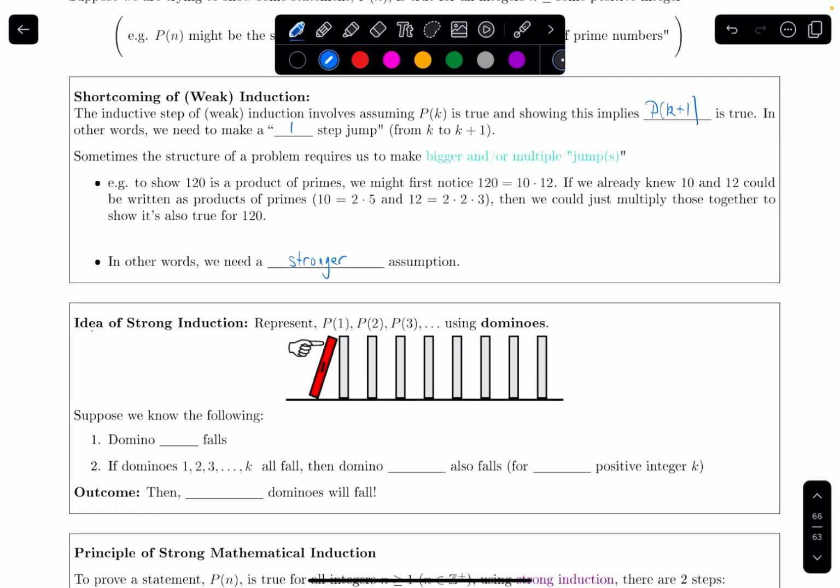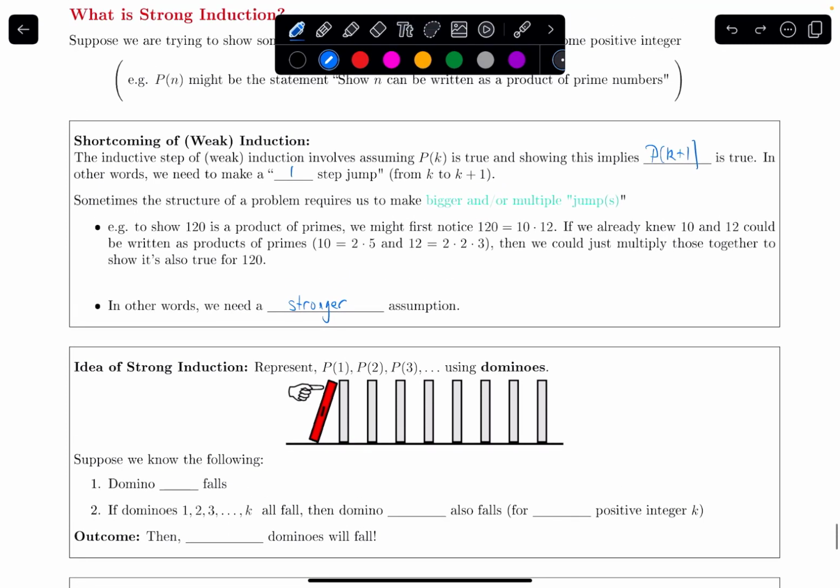So the idea of strong induction is I'm going to represent P of 1, P of 2, P of 3, and so on using dominoes. So let's suppose we know the following. Let's suppose I know that the first domino falls, and here's where it's going to be different from just our regular weak induction.